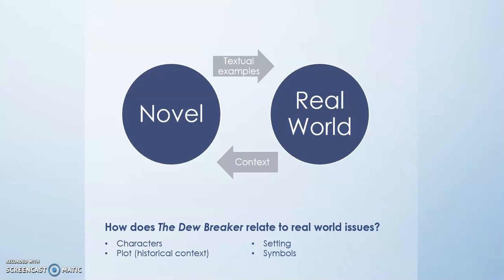That's where you're going to start, to help understand how this novel illuminates some elements of truth to us about our real world. From the novel, we're looking for meaning and how it applies to our lives in real life. And we're taking that real life and using it as context to support the things that are happening within the novel as well. I'll go on to explain this in a second.